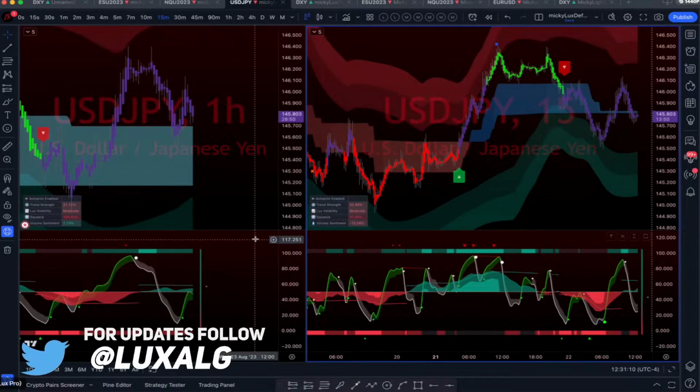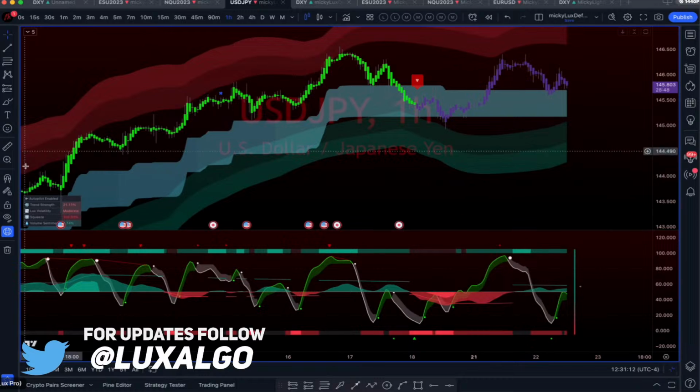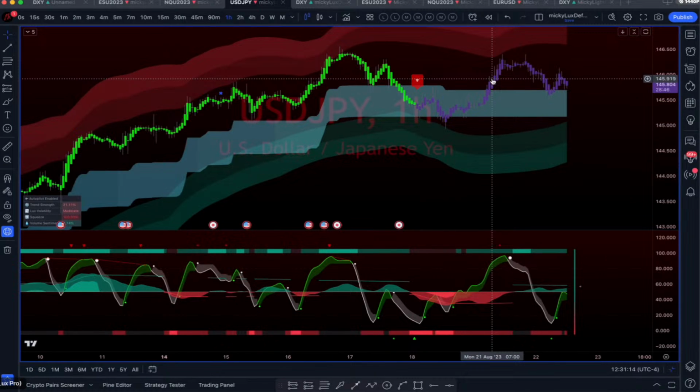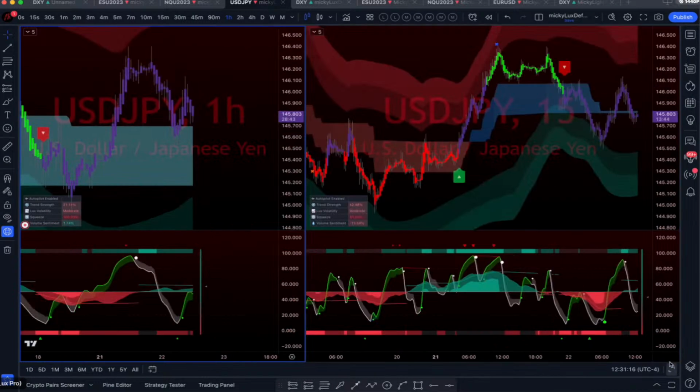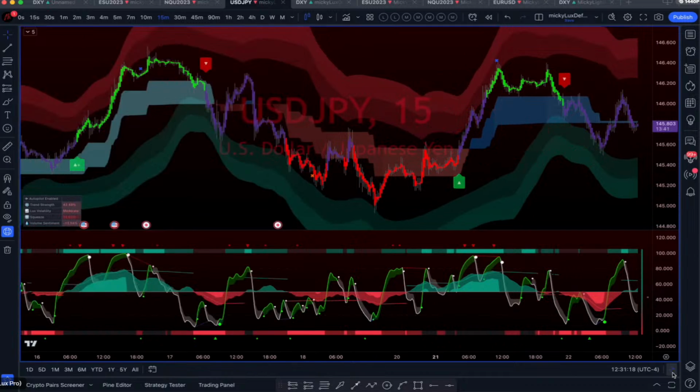Let's go back to it. Let me remind you: bullish. There is no question, right? Now let's go down to the 15 minute. We have bullish Neo Cloud here, turned bearish, and we have bullish. Where are my entries on this chart? There's one right there. There's another one.